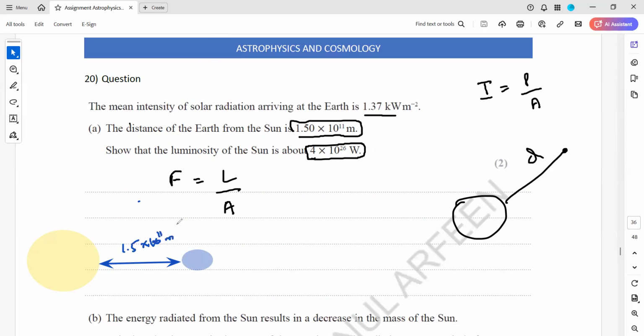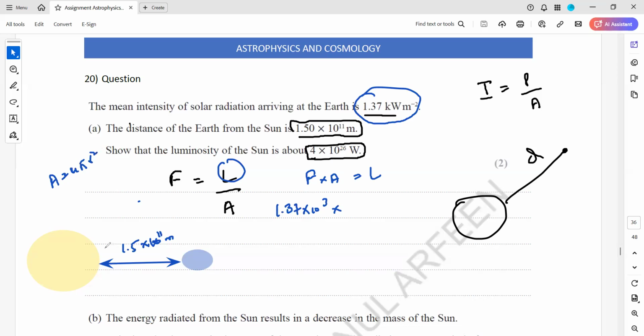That is the distance. So to show the luminosity, luminosity will be flux times the area. Flux is in watt per meter square, or intensity, which is 1.37 × 10^3. What about the area? Area is 4 pi r square.